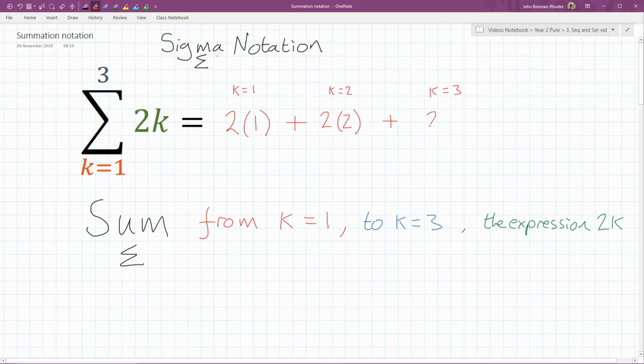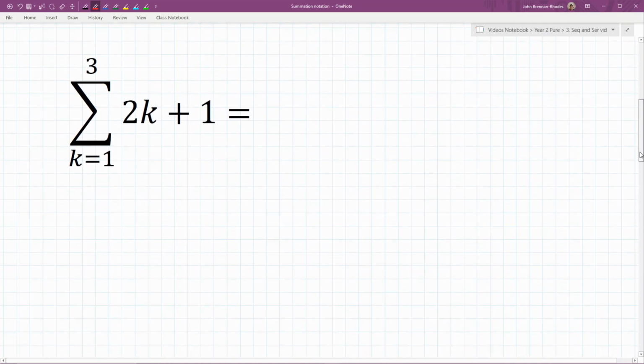And so I get 2 times 3. So overall we get 2 plus 4 plus 6, which is equal to 12. And so the sum from 1 to 3 of 2k is equal to 12, and we've worked it out.